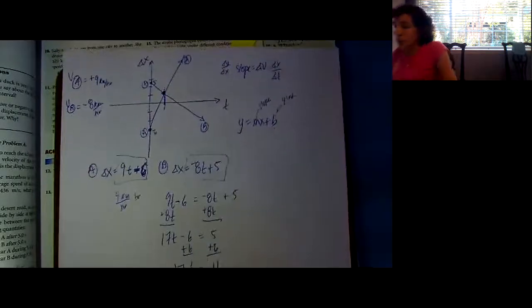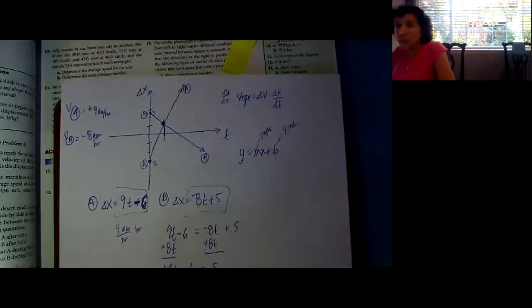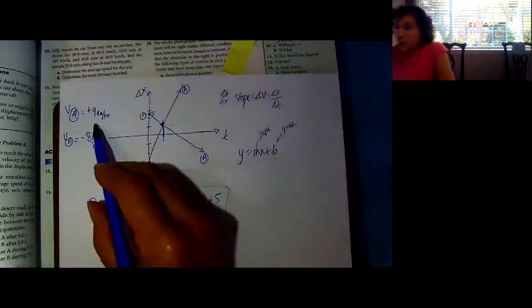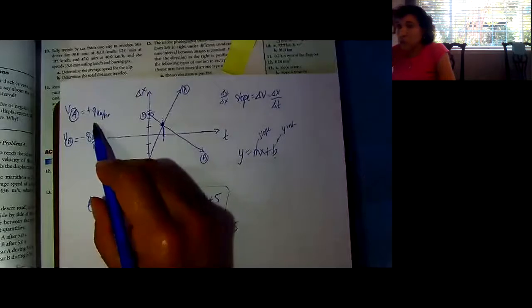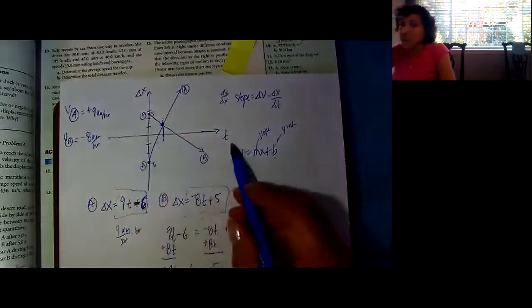Okay, so the bottom line is all those words that we read in the problem can be translated into equations. I know that a velocity is also the slope of a line, if I'm graphing displacement versus time.